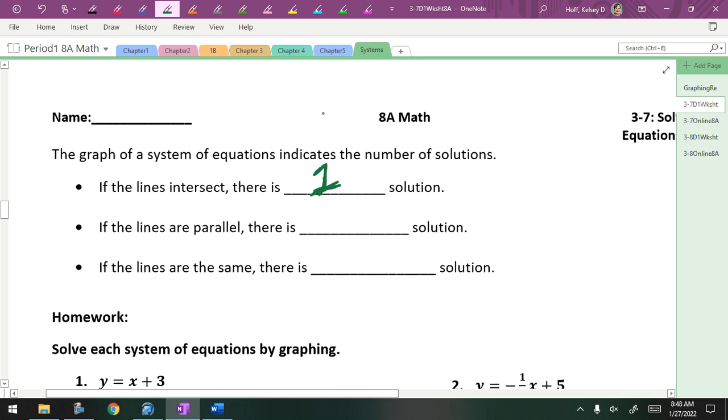If your lines are parallel, there is no solution, because those lines never cross. If the lines are the same, there are infinite solutions. So if you end up with lines crossing, you got to give me the x comma y location. If they're parallel, you say no solution. If they're the same line, then you say infinite solutions.